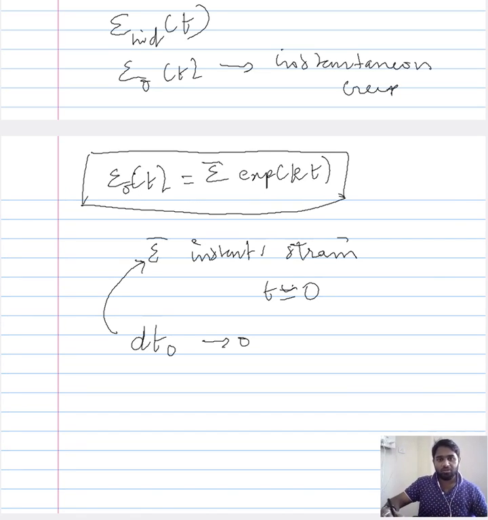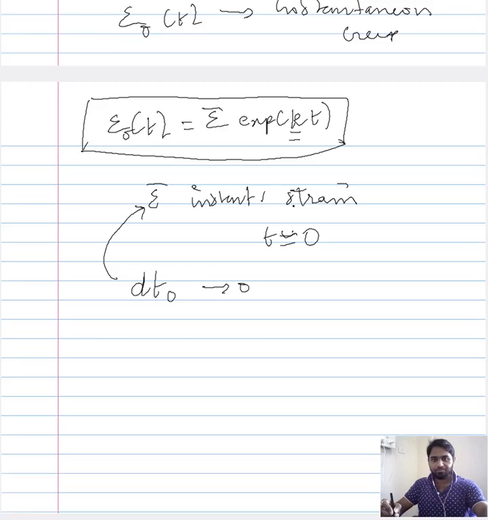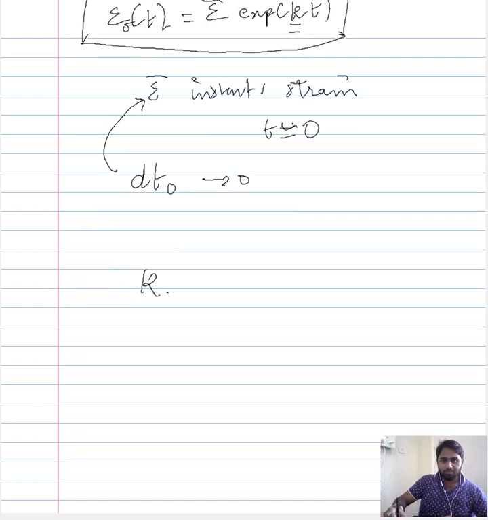So that is what this expression tells us. In the instantaneous creep region, according to the experimental observation, the strain of the material increases exponentially with time.